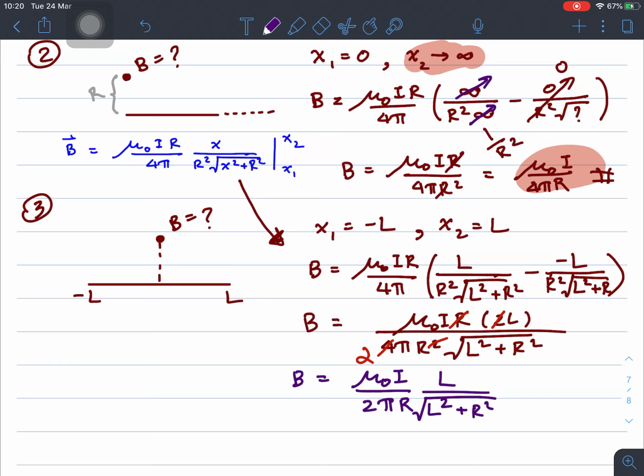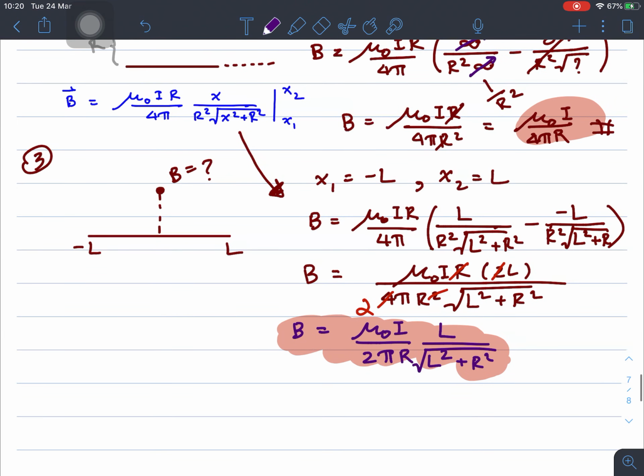From this, if you take the limit of B as L approaches infinity, you're just going to get back mu 0 I over 2 pi r.